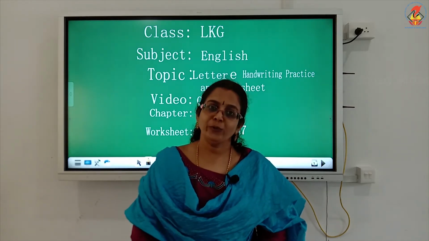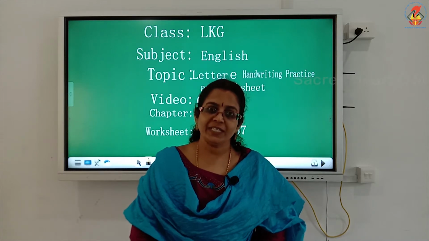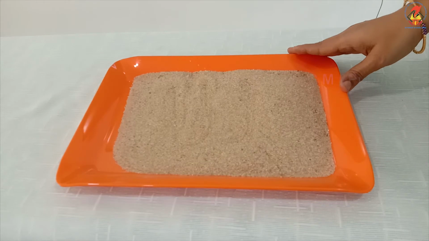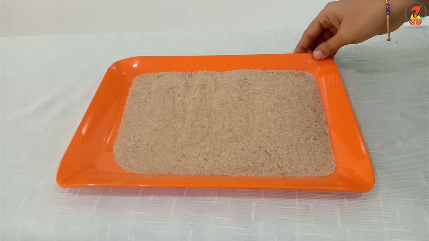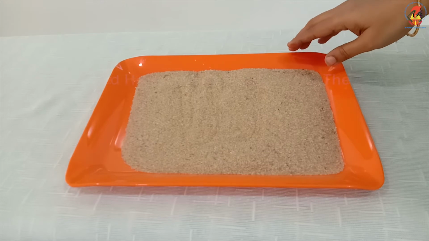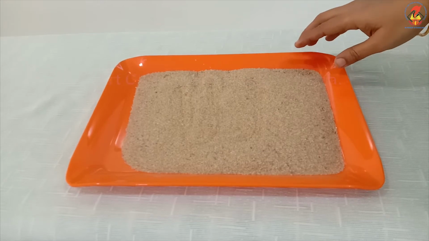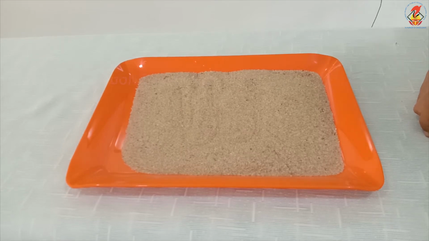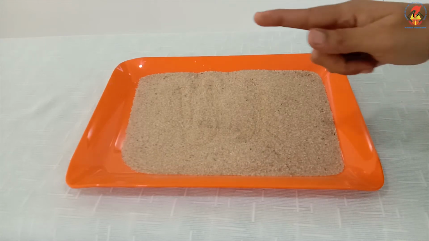So, we are going to do the first activity for letter E. For this activity, you need a tray with sand. You can either use rava. We are going to write letter E. The sound of the letter is A. Now, you have to take your pointer finger.